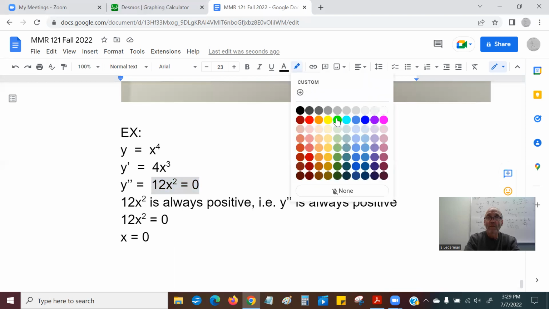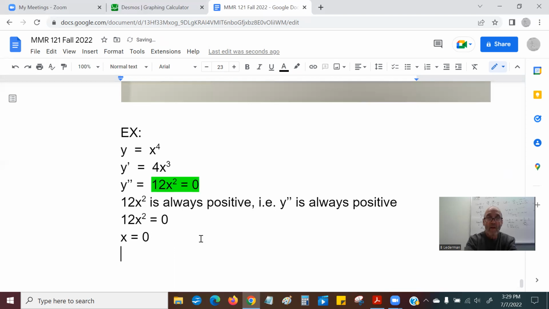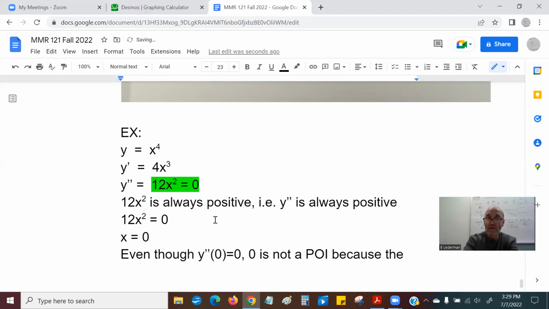Just want to highlight this. So even though y double prime of 0 equals 0, 0 is not a POI because the second derivative does not change sign.